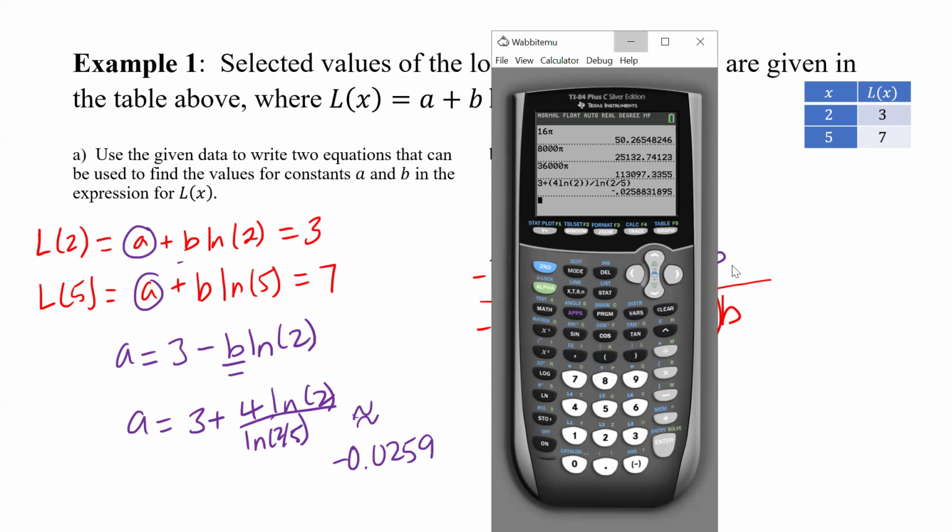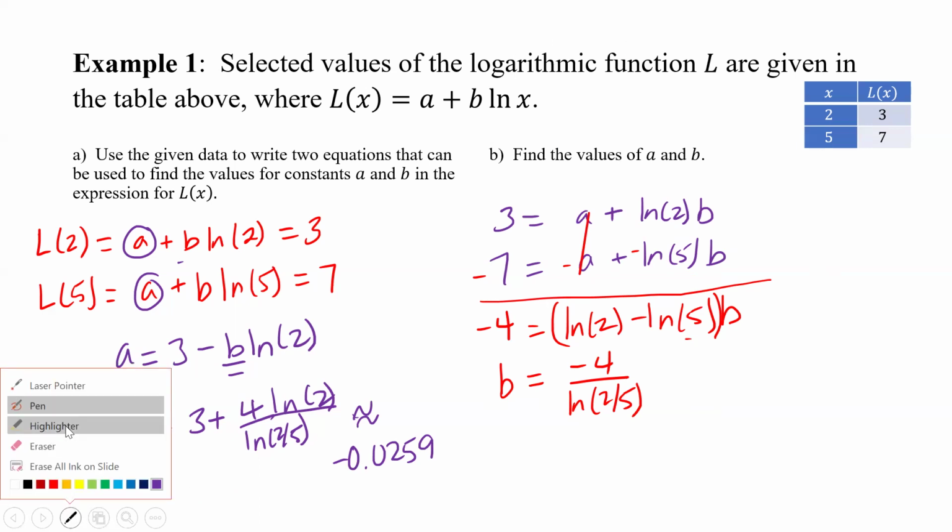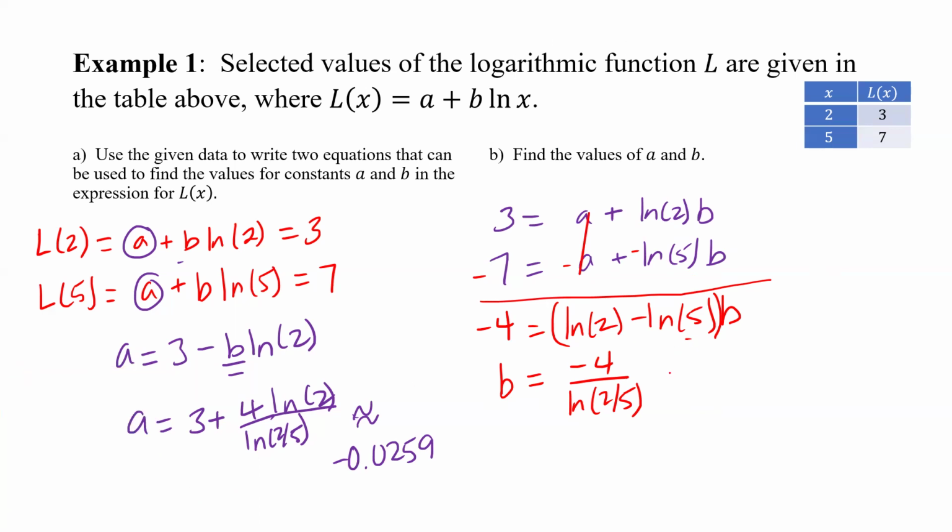Perfect. You found it for us. What is it? And our B is going to be approximately 4.3654. So now we have our A, our B. Can we write the natural log equation that represents this? Yes.